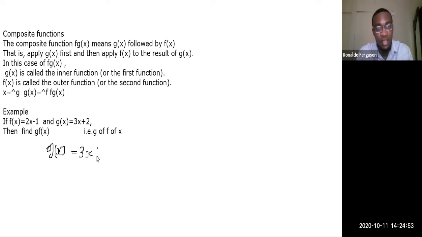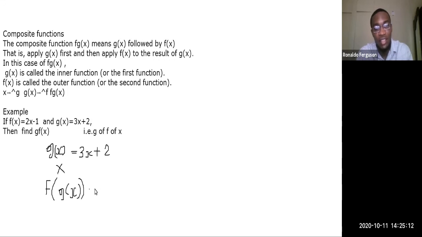Think of g of x as a big X. And so now we need f of g of x.